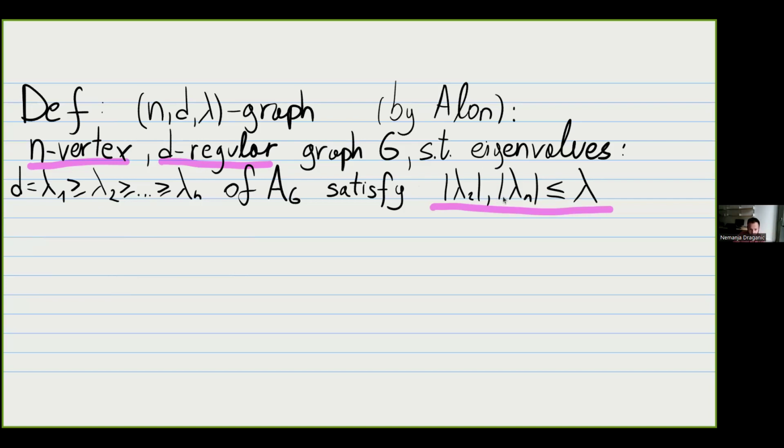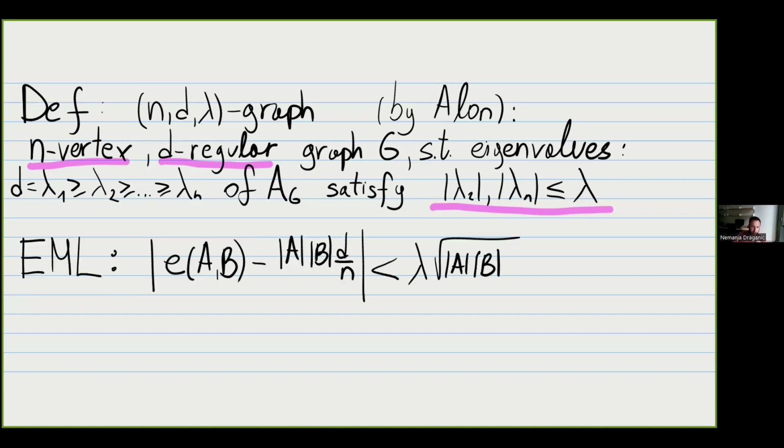And now I'll give you something which is easier to grasp if you didn't see this definition. Something which you can prove about (n, d, lambda) graphs is called the expander mixing lemma. The expander mixing lemma just tells you something about the edge distribution of the graph. So what is it precisely?